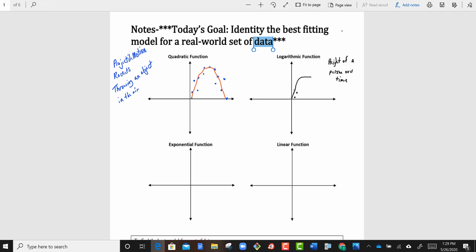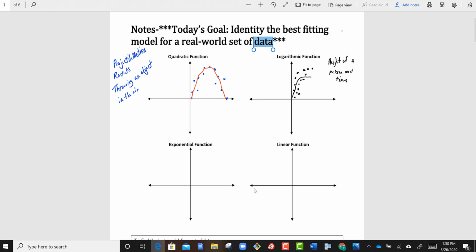But again, everybody's a little bit different. You'll have some people that are way up here, and you have some people that are much further down. But in general, everybody's height eventually flattens out and kind of has that logarithmic shape to it.